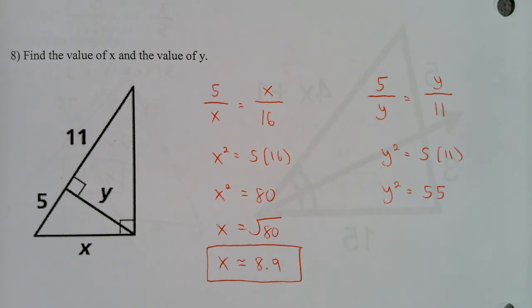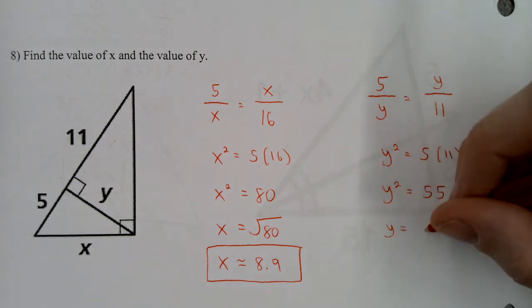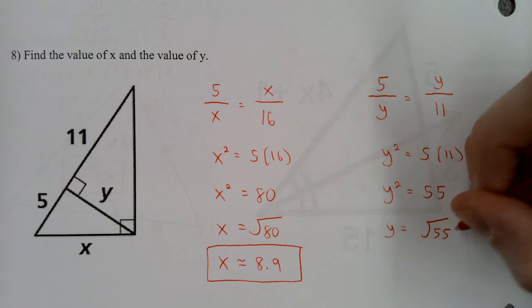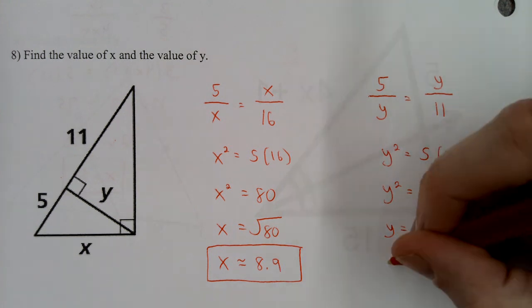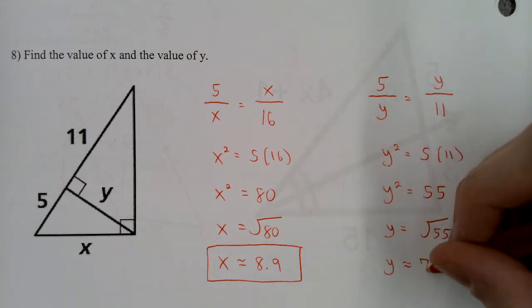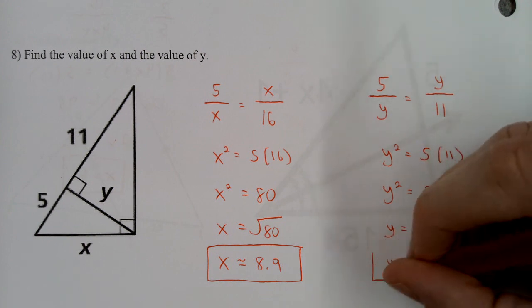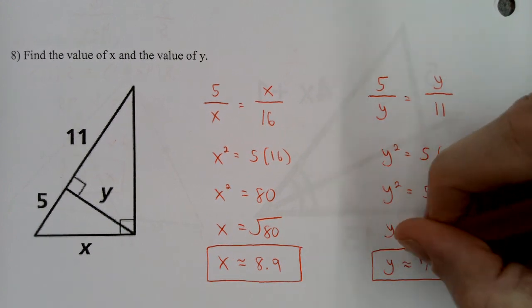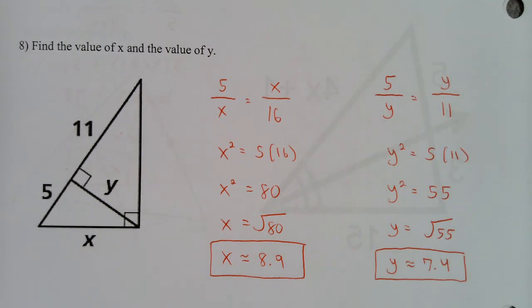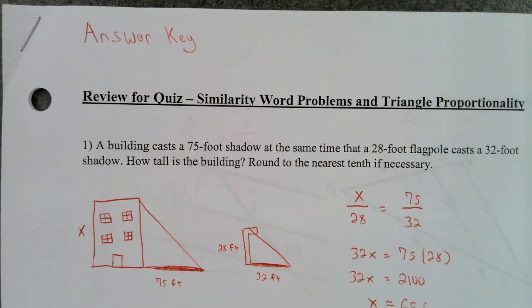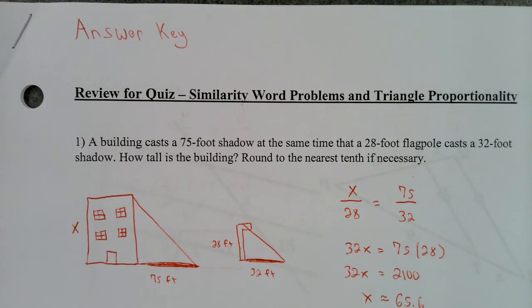Y equals the square root of 55. So approximately 7.4. That's the hardest problem on here. The geometric mean problem. That's tough. Okay. But that's the end of that. That was the quiz review on similarity word problems and triangle proportionality.